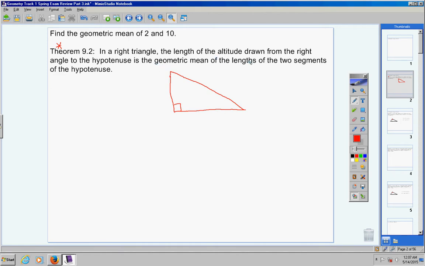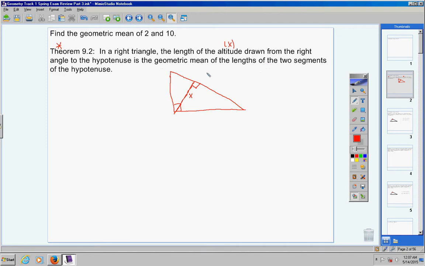The length of the altitude drawn from the right angle. So here's the right angle, and I'm going to draw this altitude right here. Now when I do that, here's what it says. The length of the altitude, I'm going to call that x. So put an x here. Is the geometric mean of what two numbers?